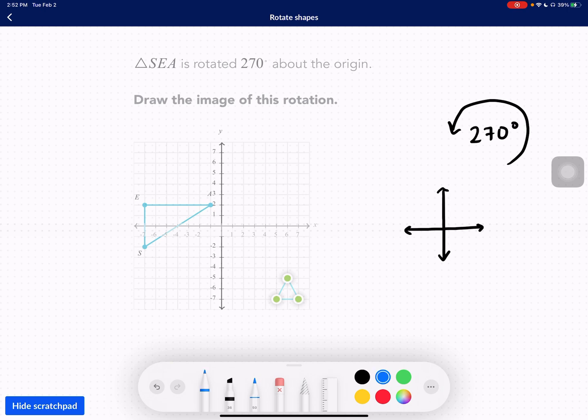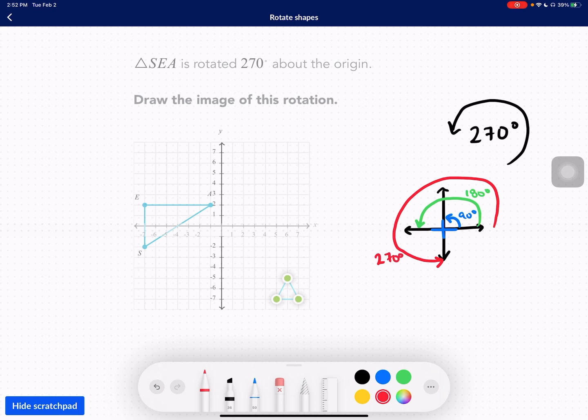So if I have just a little graph here, one turn is 90 degrees. Okay. Two turns is 180 degrees. And then if I did another turn, so plus another 90 degrees, 180 plus 90 is 270 degrees.